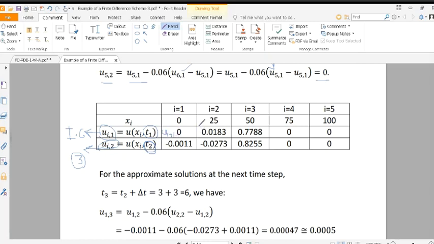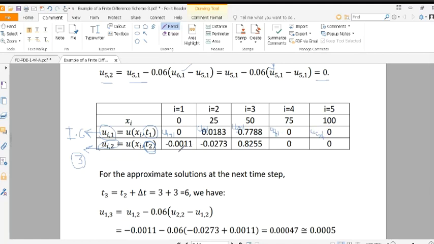The next is u(2,1), the next is u(3,1), the next is u(4,1) based on the initial condition, and the end is u(5,1).